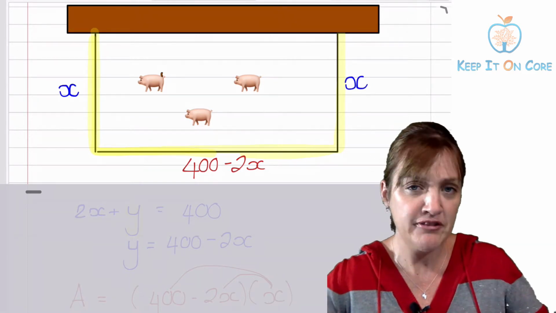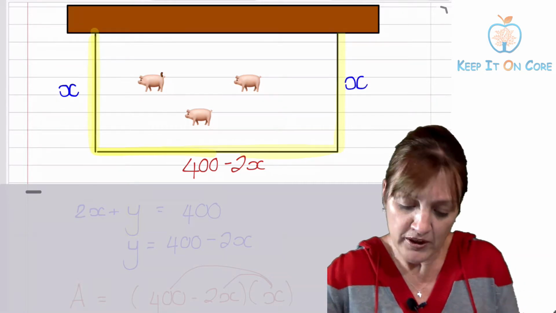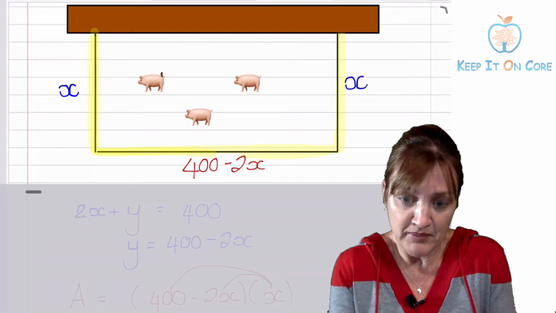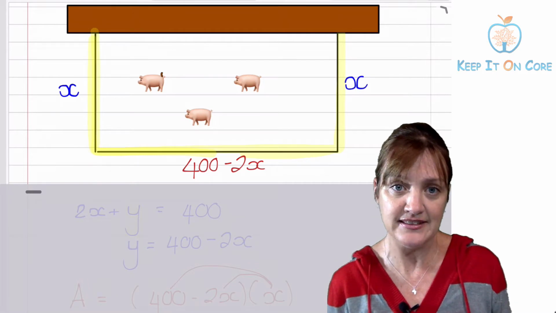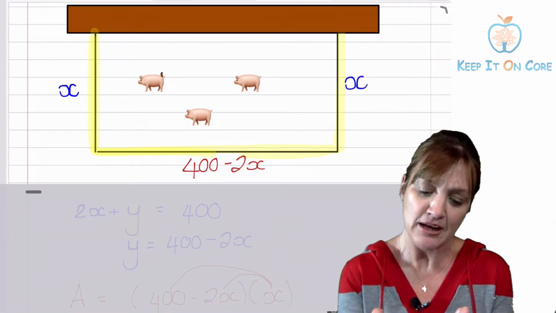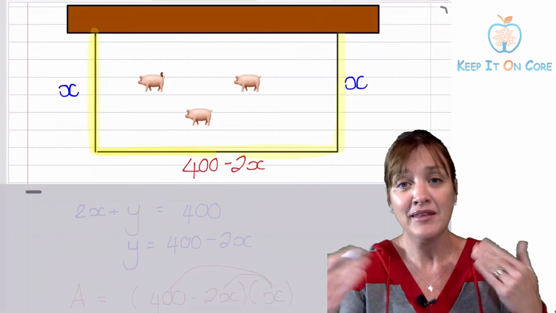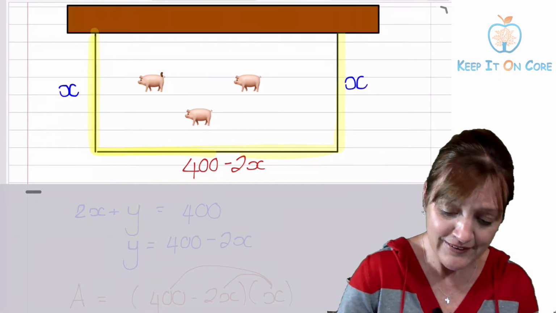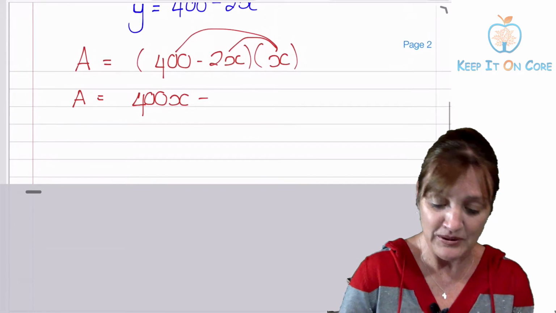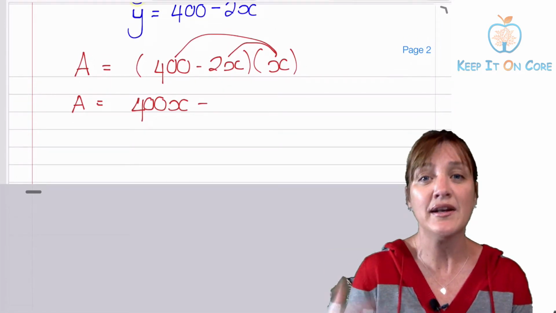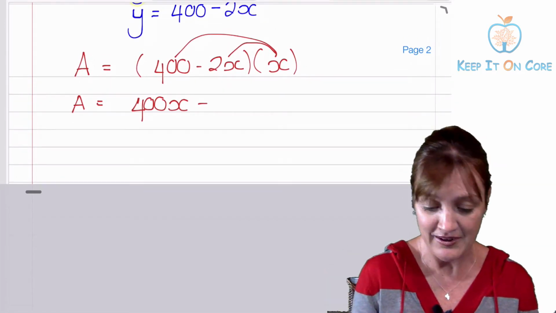That would create a different rectangular shape. Or what if we shortened the middle length, but we extended the two sides? That would also give us a different shape. Each one of them gives you a different area. So that's the idea, that we're looking for which one is going to give you the maximum area.